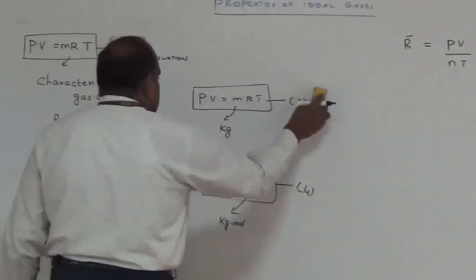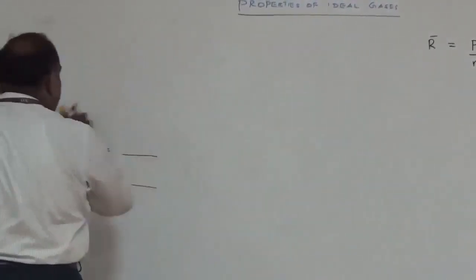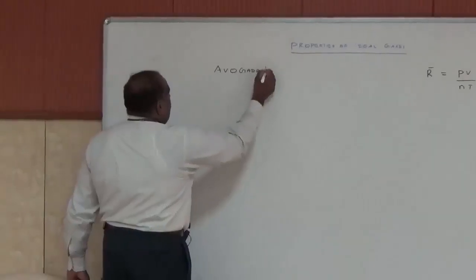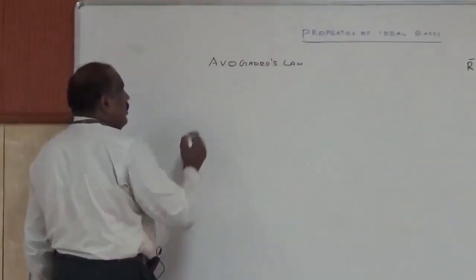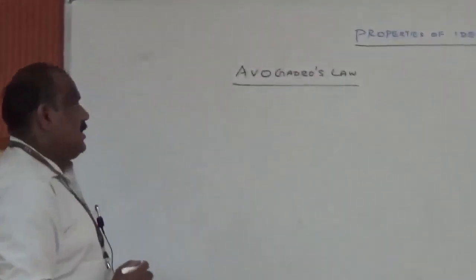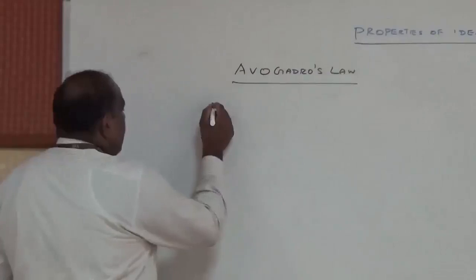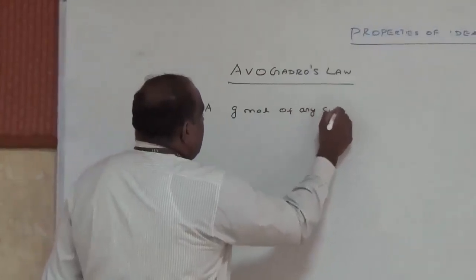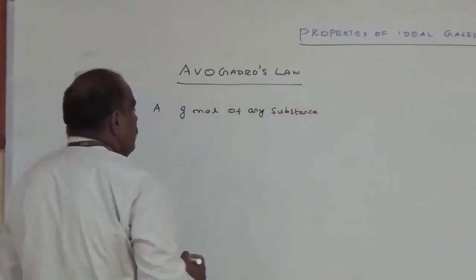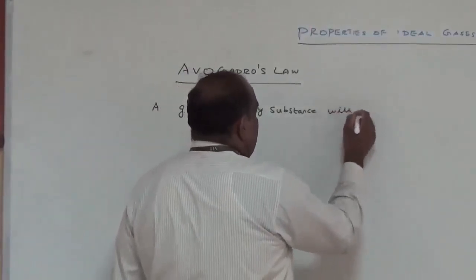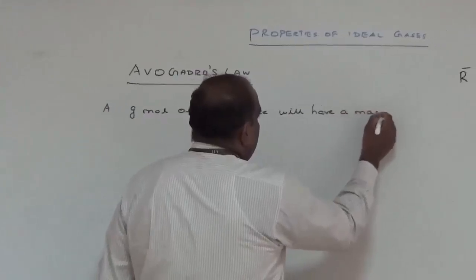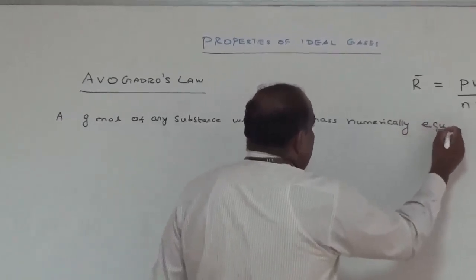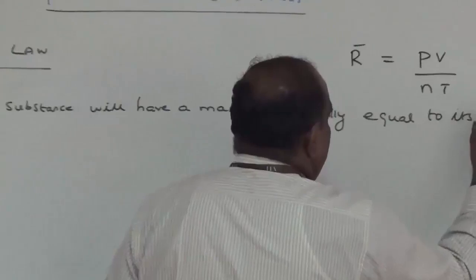Now let us go with Avogadro's law. What this law says is that a gram mole of any substance will have a mass numerically equal to its molecular weight.